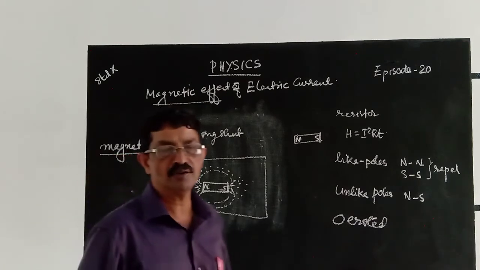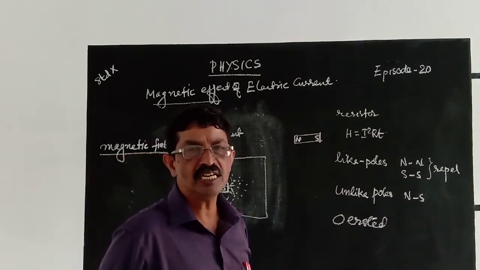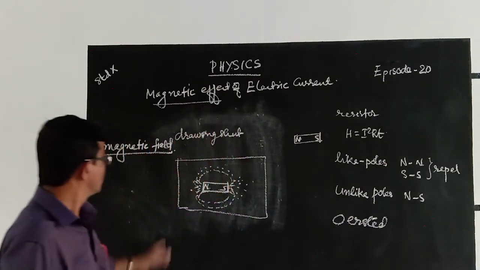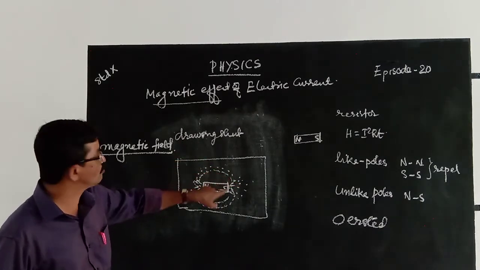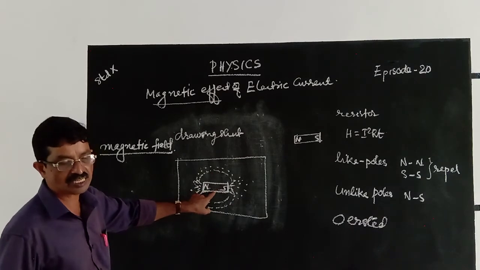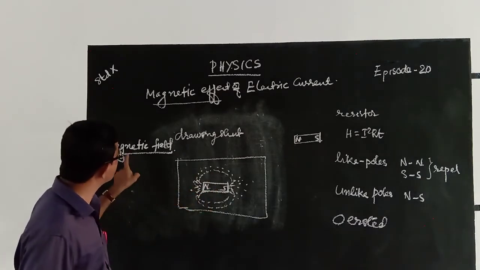It is the region surrounding the magnet where the magnetic property of this magnet exists, and it is the magnetic field.